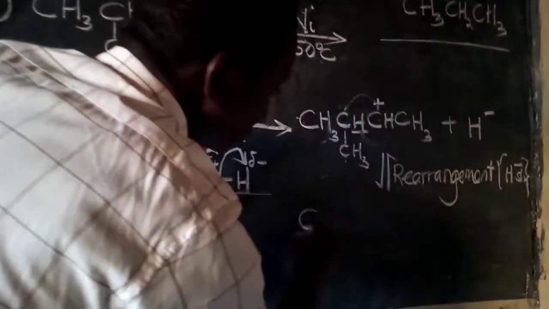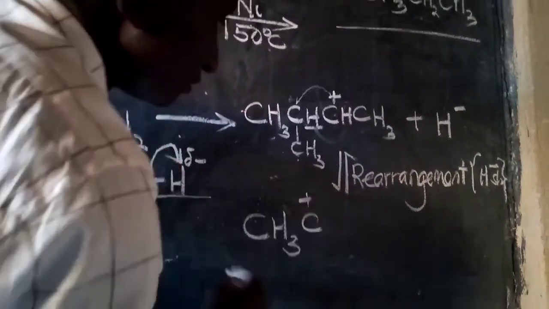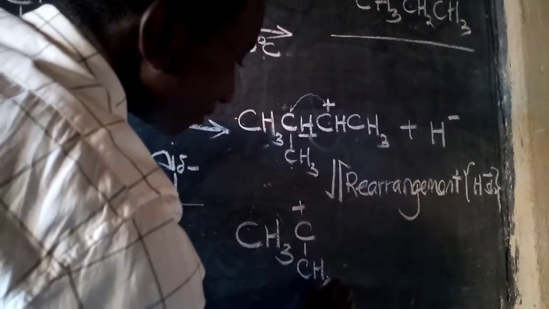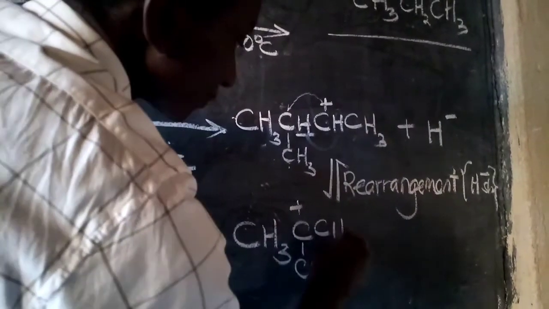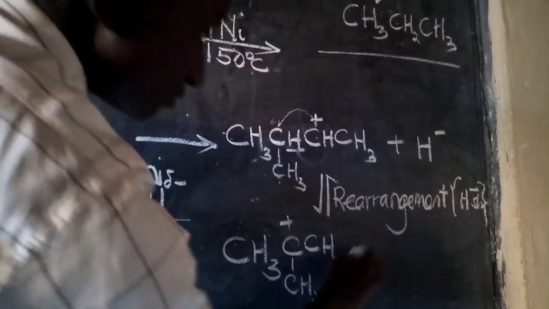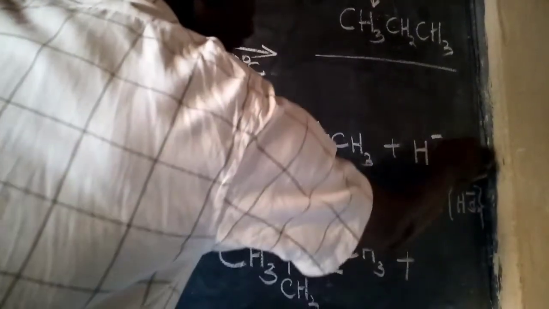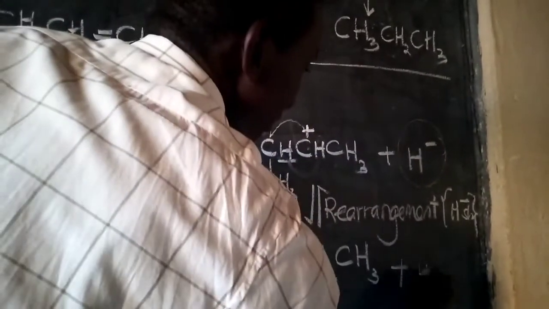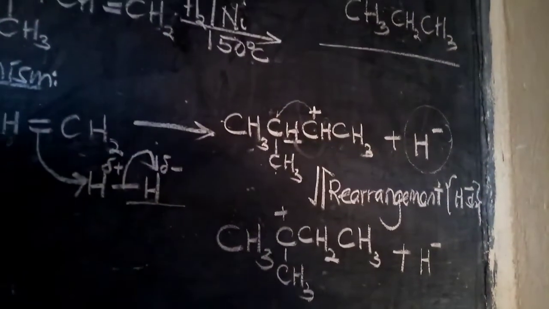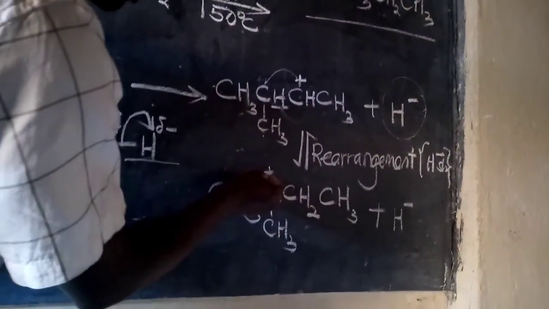So this gives us CH3, C, a positive. We have our methyl group attachment. Then CH2, because this hydrogen has moved from here and has gone there. Then we have CH3. Recall, we have our hydrogen which we must bring. And at last, of course, this one must come and interact with that.